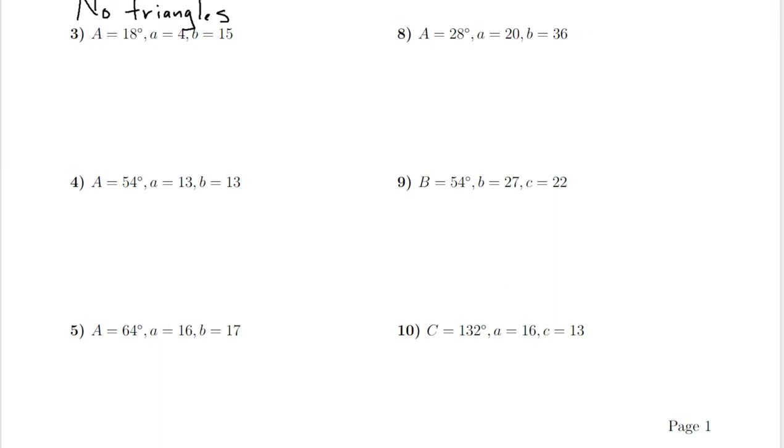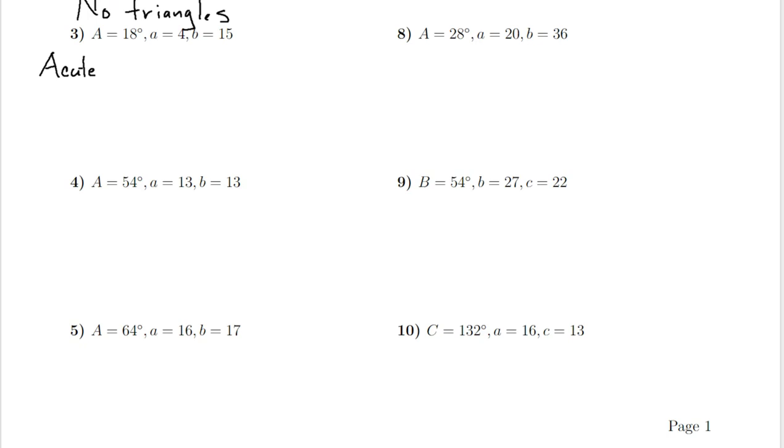All right, you'll notice from number three that now we are in the land of acute angles. So since this is an acute angle, what we want to look at is what is the height of the triangle here.